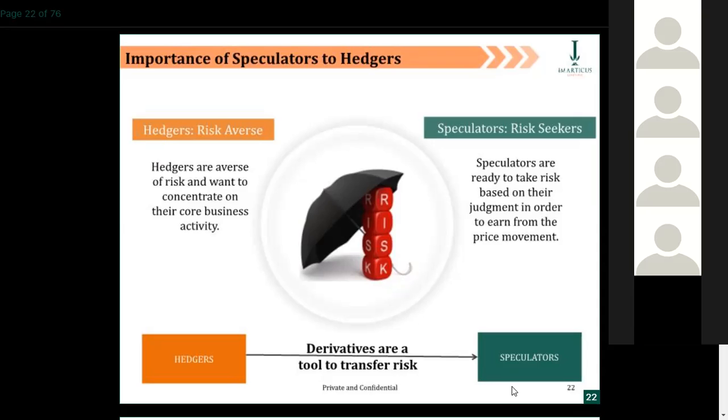Speculators are there to take positions in the market and increase the volume, and that way they are also able to help hedgers. More trading volume is available because of speculators.